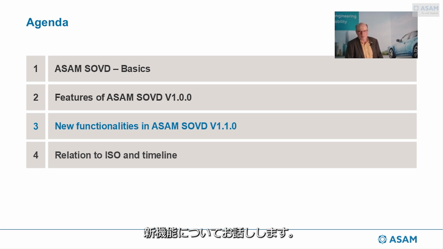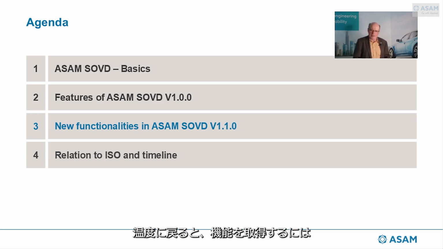And one big new functionality, because go back to the temperature, I told you we have the possibility only to read the temperature with the get functionality. But I can also say I want to be informed when the temperature enters in range.